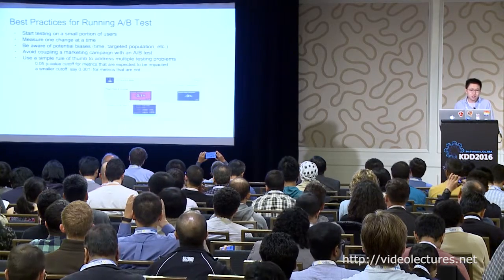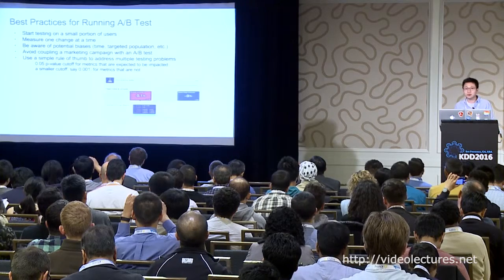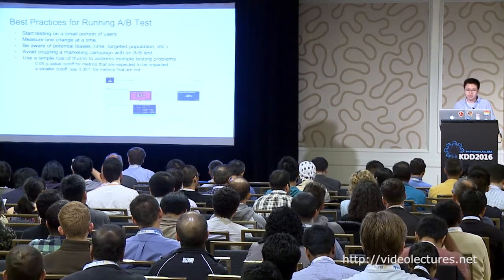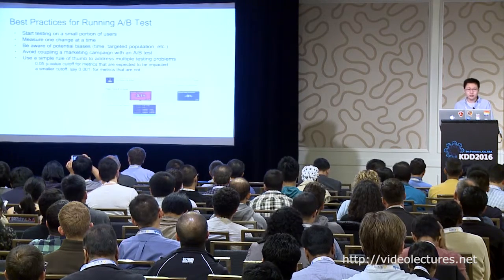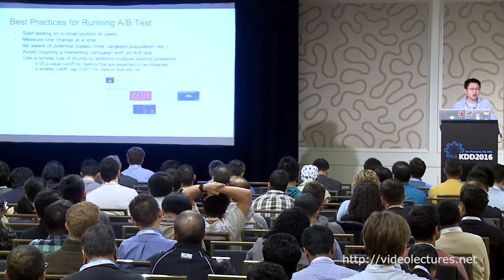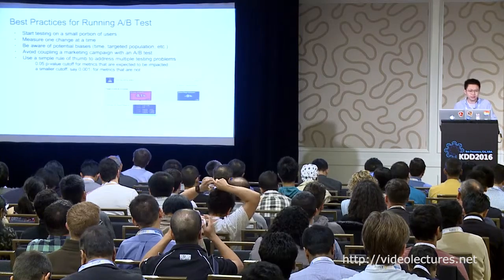And second is always measure one change at a time. That doesn't mean you can only run one online test on the whole website. It only means that you need to design your experiment carefully so you will be clear about which change caused which change in the metrics.